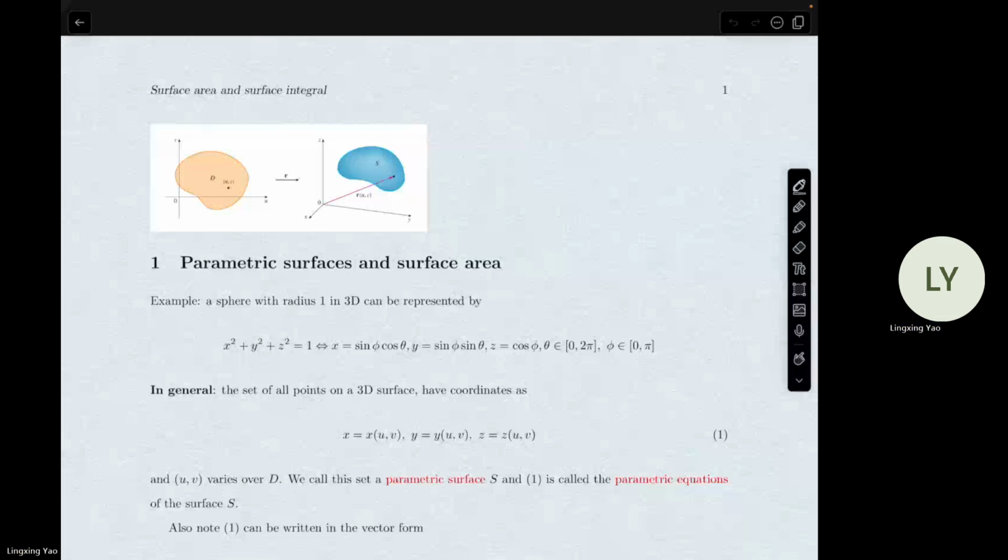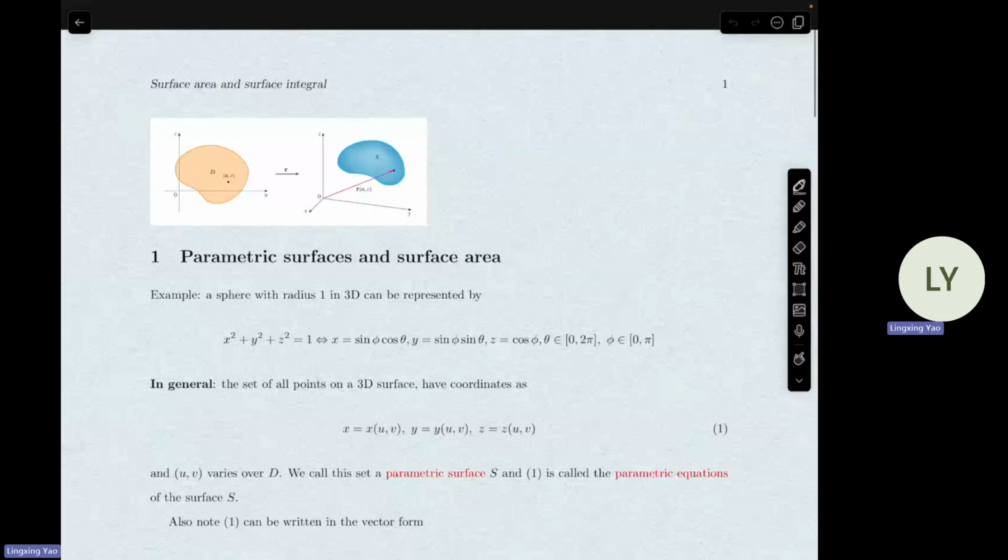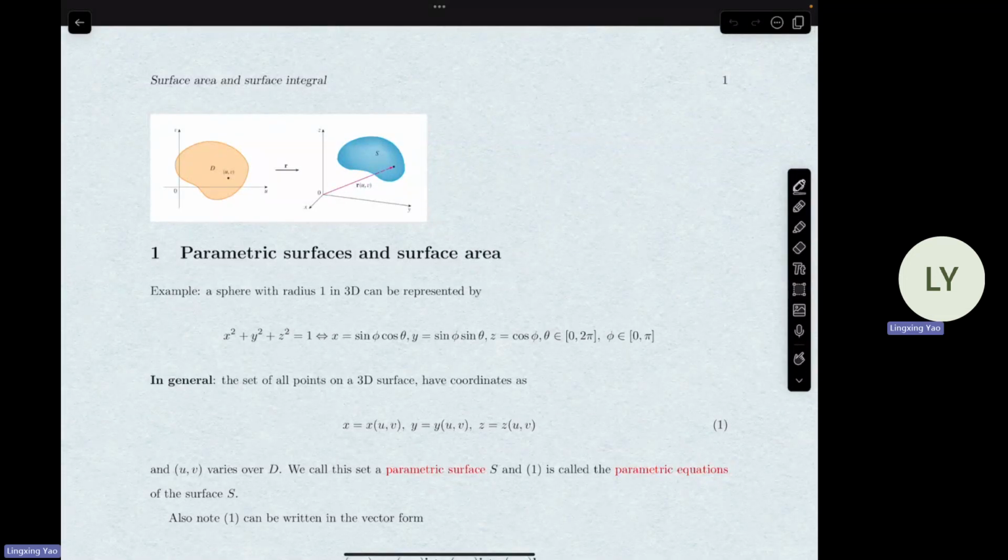So now we want to introduce this idea first. And I think we all notice that the discussion of triple integrals, double integrals, and their applications are related to some geometric interpretation.